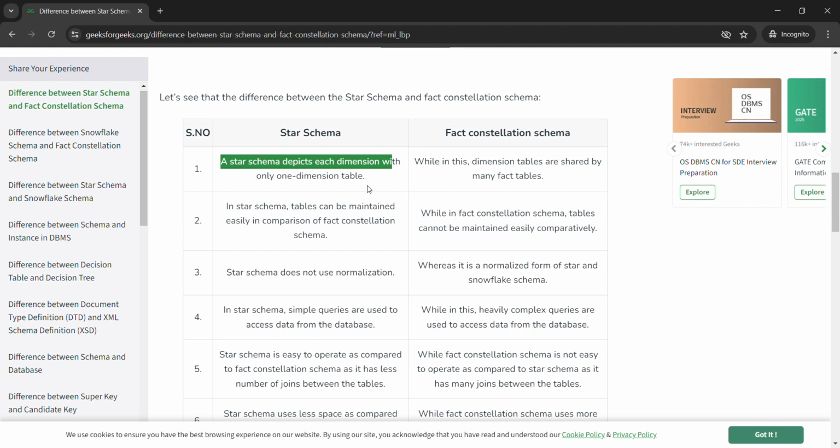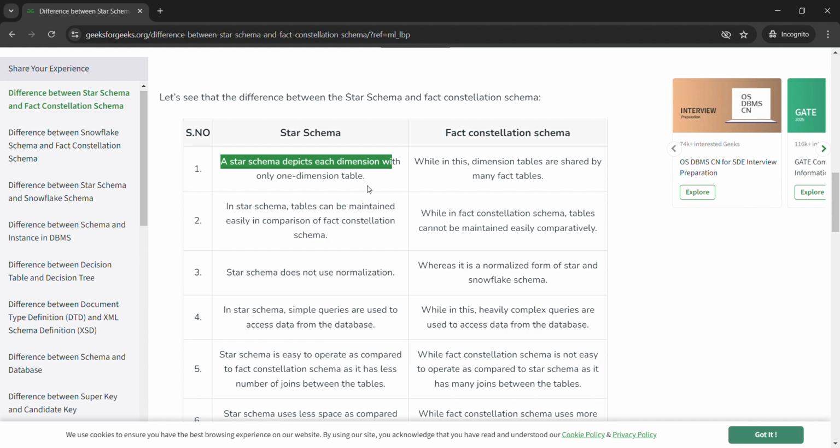In star schema, tables can be maintained easily in comparison to fact constellation schema, while in fact constellation schema, tables cannot be maintained as easily.